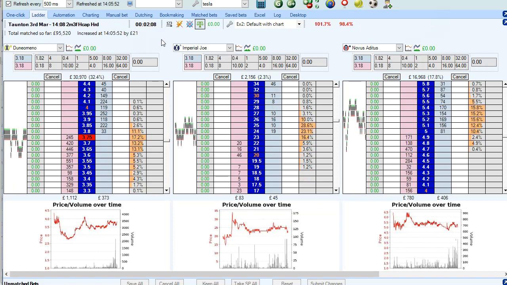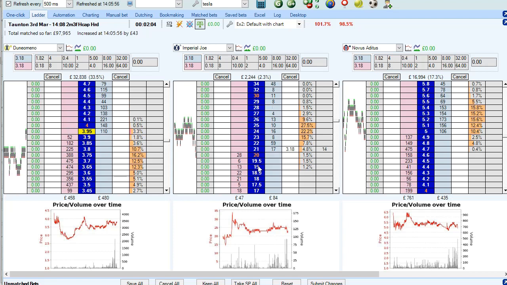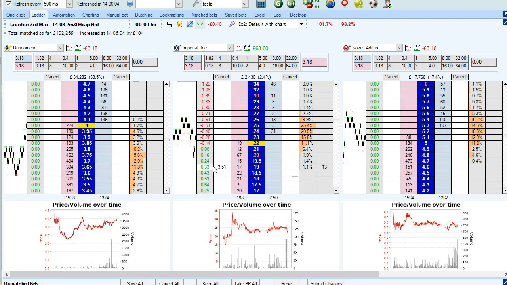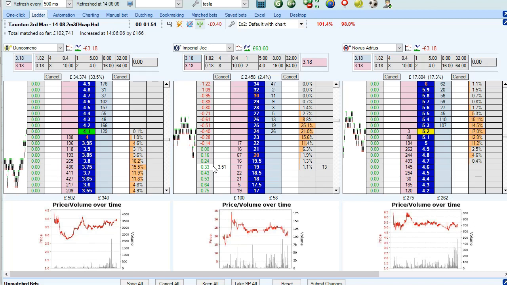So yeah, we're 2 minutes before the off, and some money's starting to come in now. So let's see if we can get in there and just see if we can get a trade out before. So we'll go for 3 ticks as always, and just see if it drops down. Again, you can never tell with these. We're just waiting to see if some more money comes in on it.